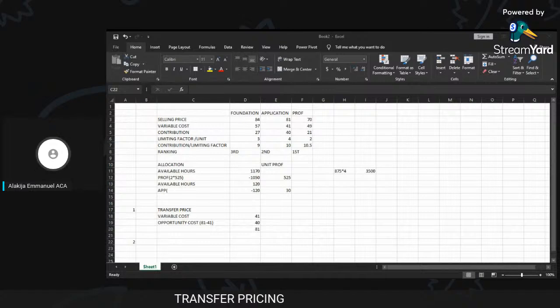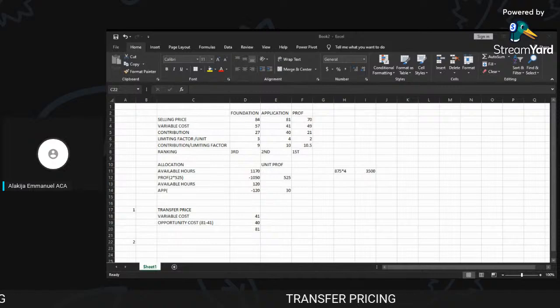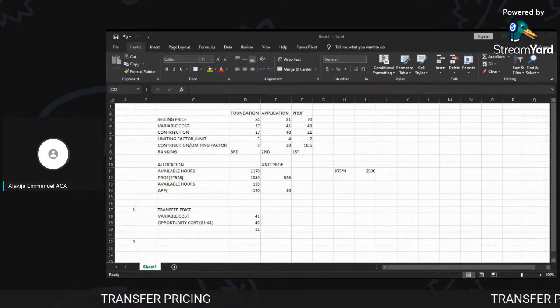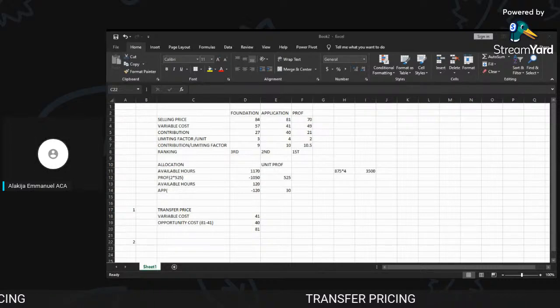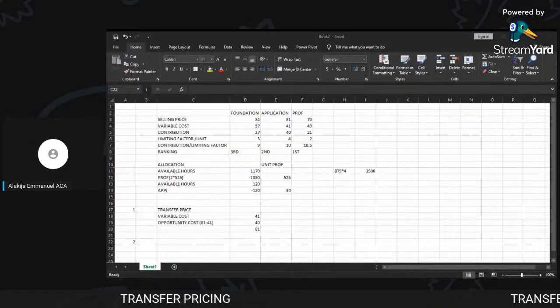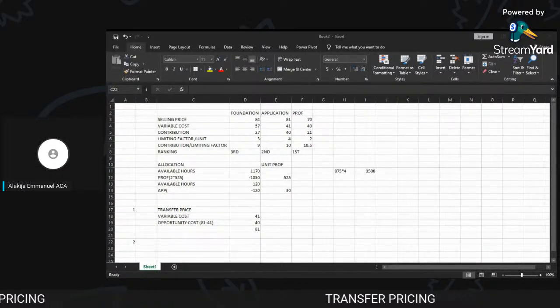We are solving the question on transfer price. That is what we are currently solving. So the transfer price, we're not given directly. We're not given the information to do transfer price directly. We have to first of all check for the limiting factor.